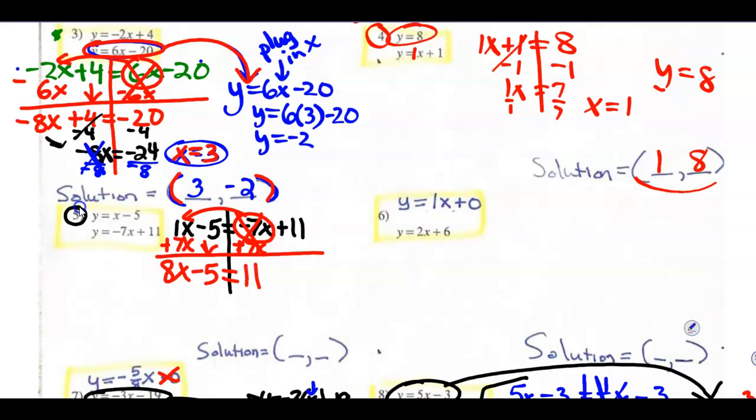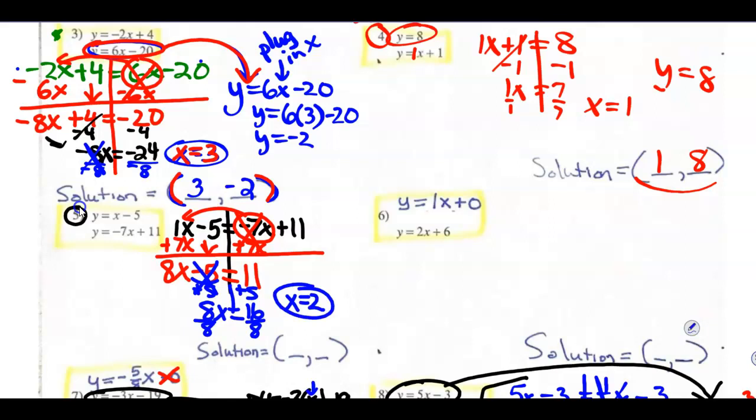Now I'm left with the two-step equation. So I get rid of this minus 5 first by doing plus 5 on both sides. That cancels over here. 8x equals 16. Last up, I divide by 8, and I divide by 8. So I get x equals 2, because 16 divided by 8 is 2.